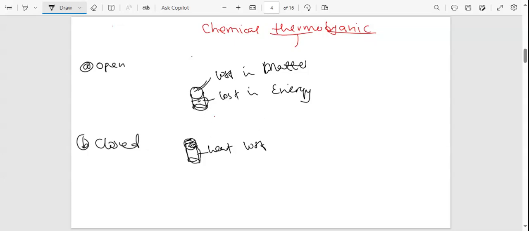But the matter won't reduce, since it can't evaporate in that case. So heat will be lost. That's energy. Heat is just some form of energy, guys. Then the matter won't reduce.